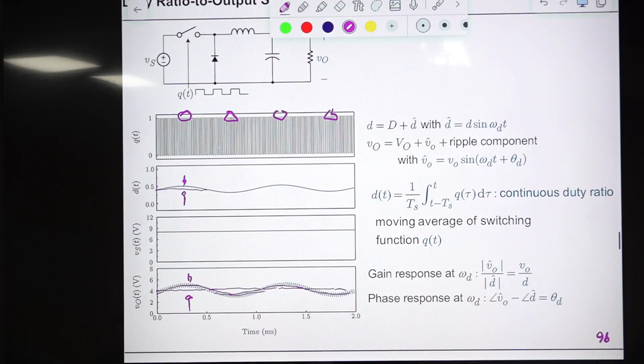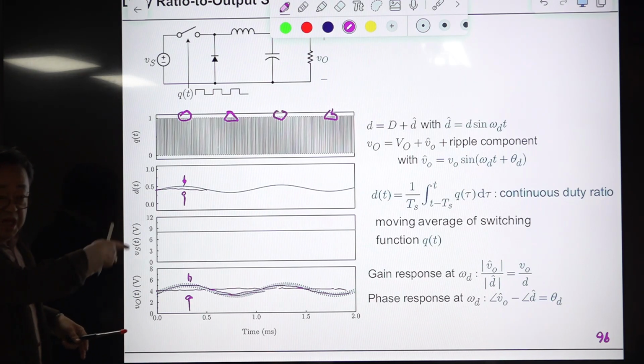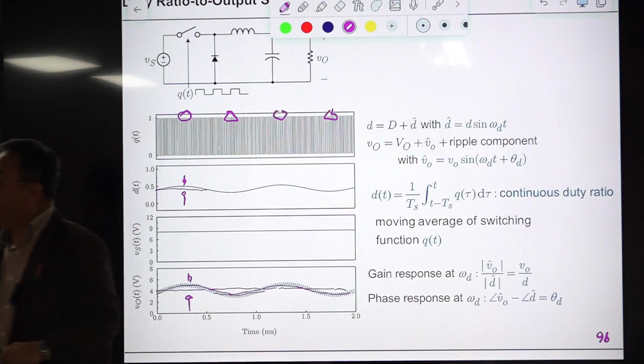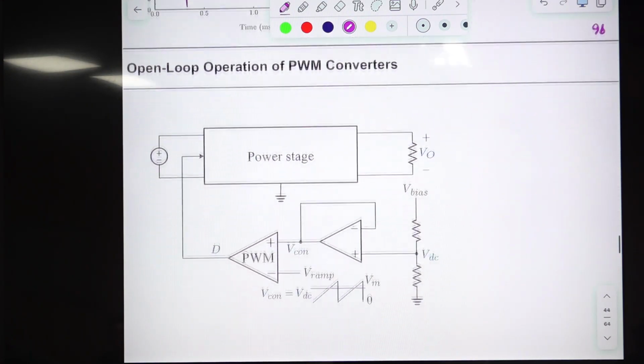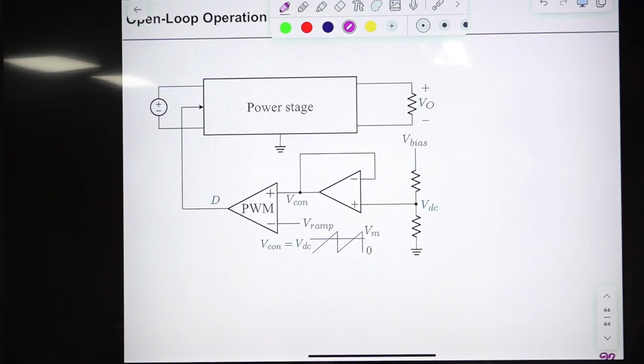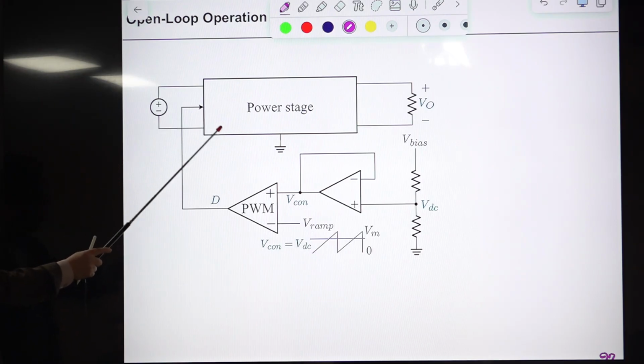formulation, and somehow we want to visualize this experimentally using some hardware. There are many ways of doing that, and this is one typical example. So here we have this structure. This is the power stage of any PWM converter.